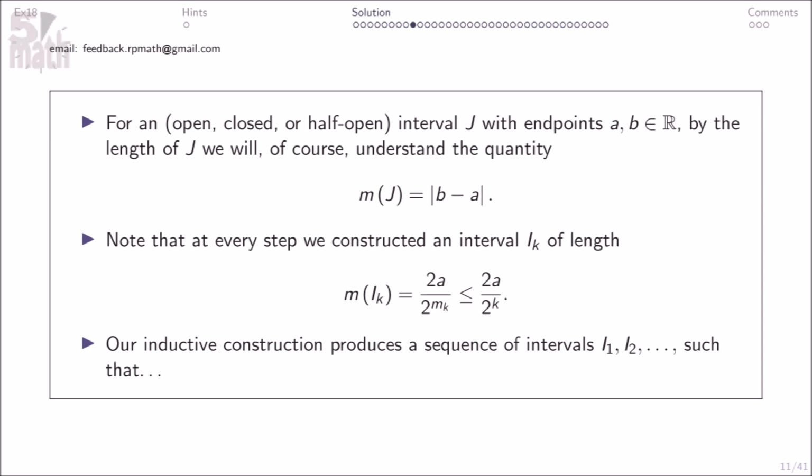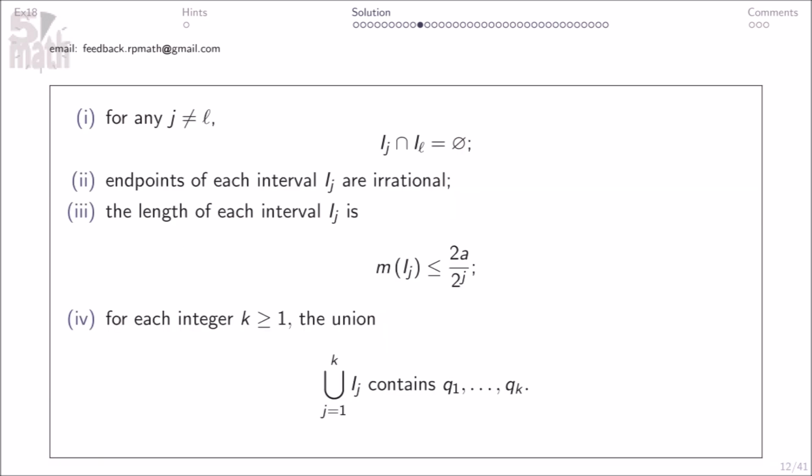Our inductive construction produces a sequence of intervals such that: I, for any j not equal to l, this; II, endpoints of each interval Ij are irrational; III, the length of each interval Ij is this; IV, for each integer k greater than or equal to 1, the union contains that.